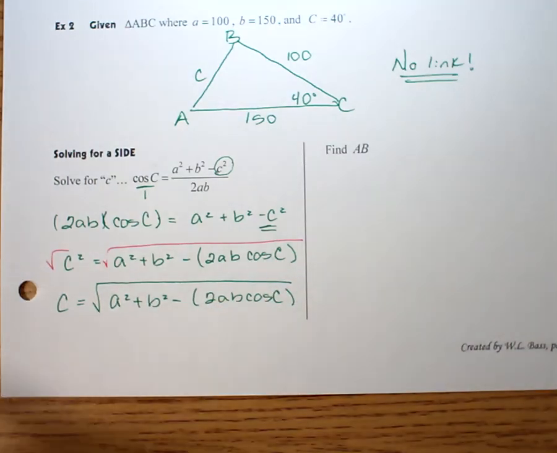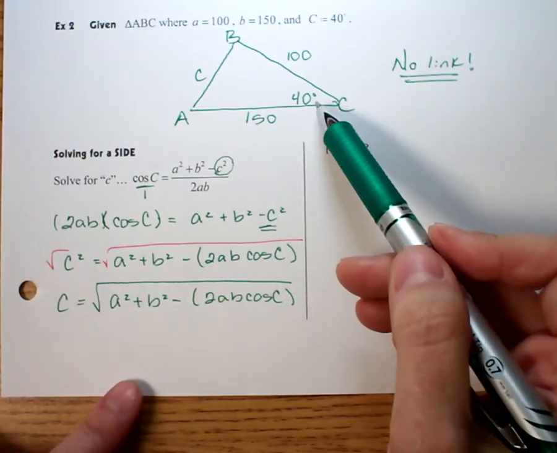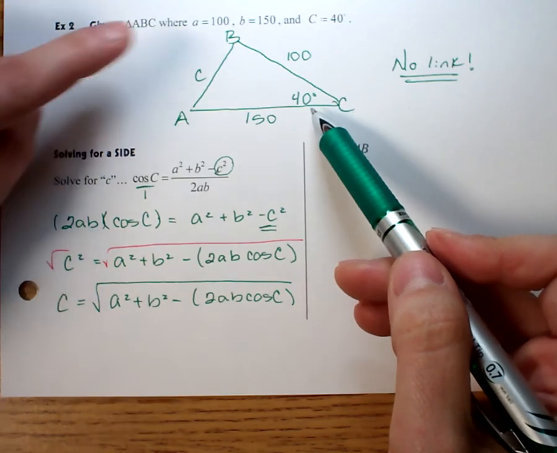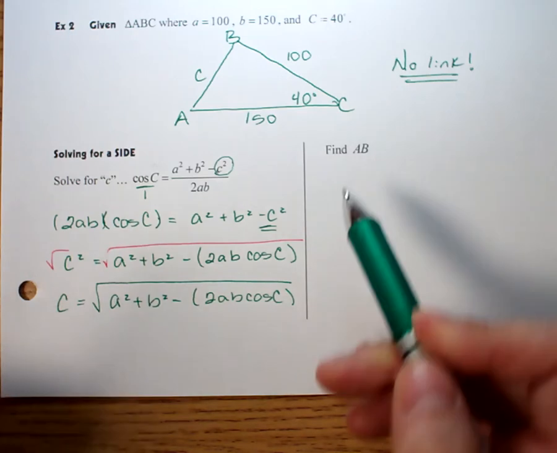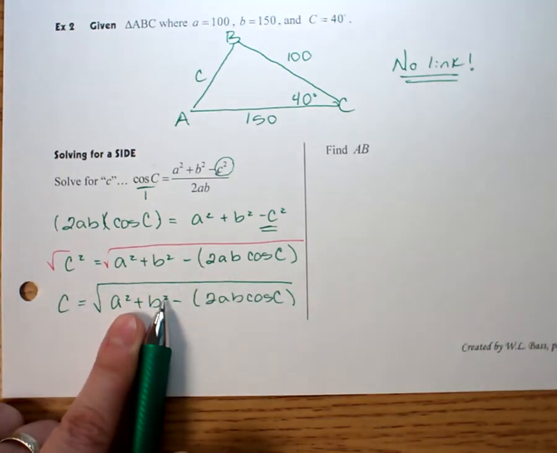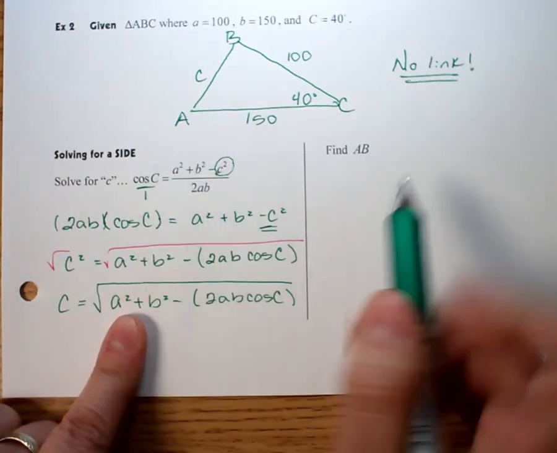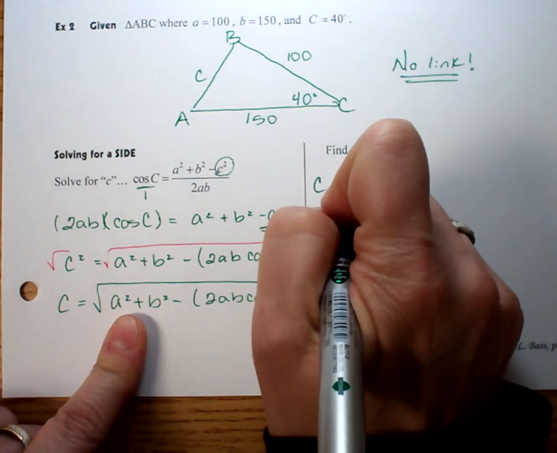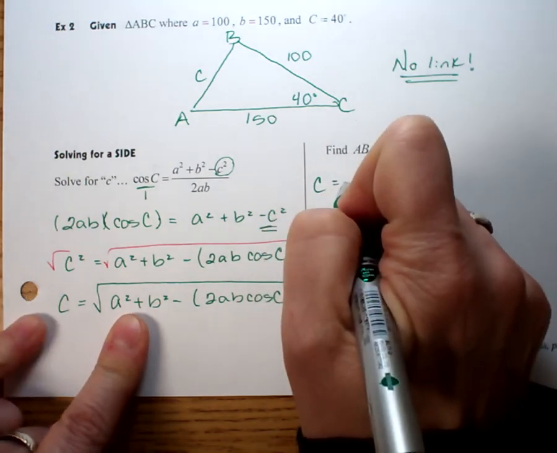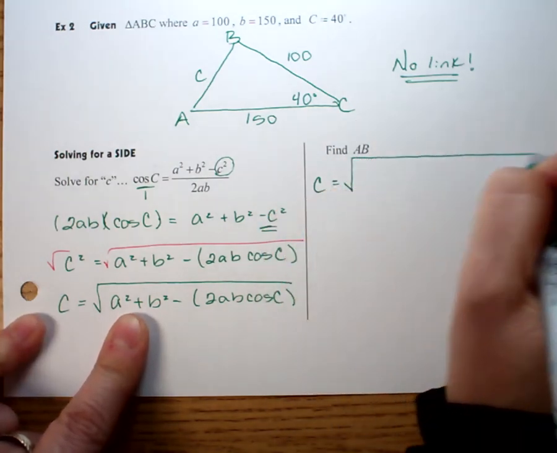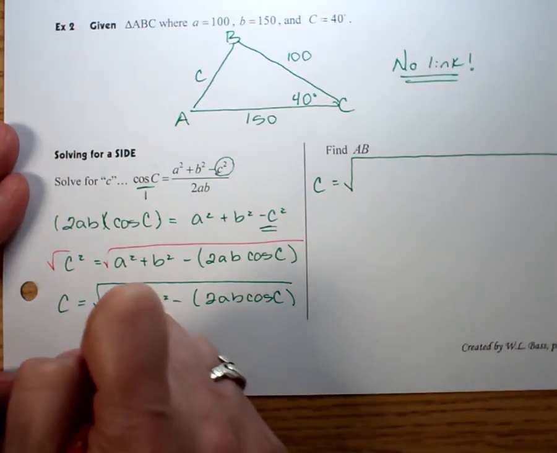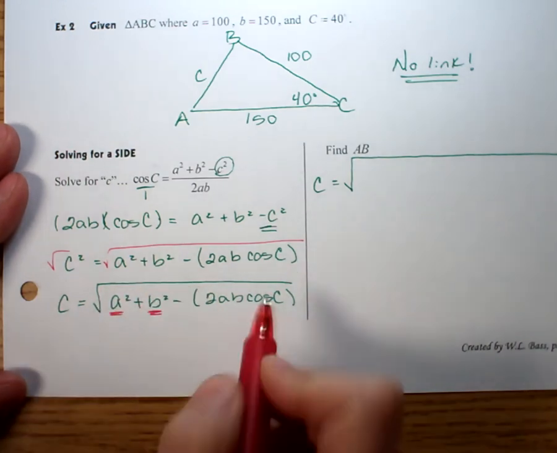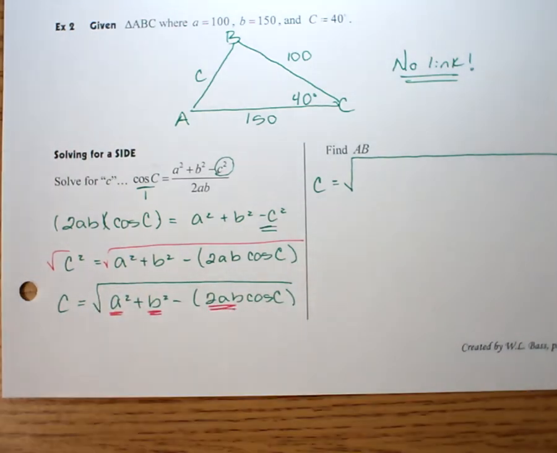So, you've got some choices. You could set this problem up just using P fingers and go through this algebra each time. Or you can jump right into this formula. So if I want to find side C, I know I'm going to have a great big square root there. Now, where are the P fingers in this problem? The P fingers, remember, they're squared and added, and they're multiplied together by 2.